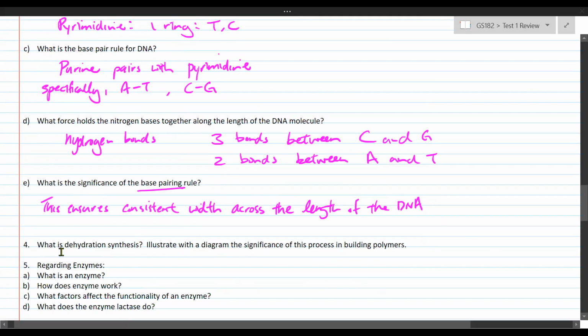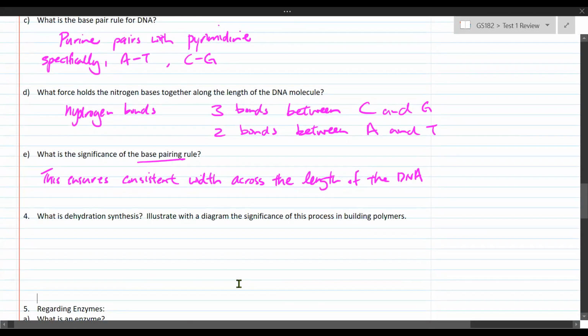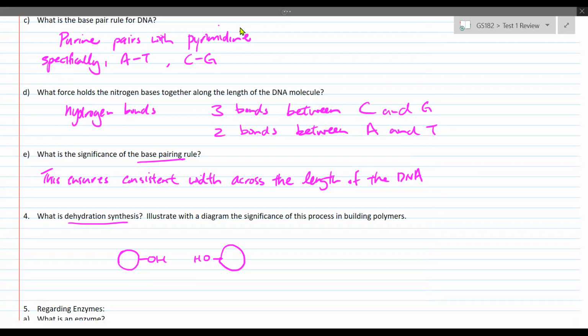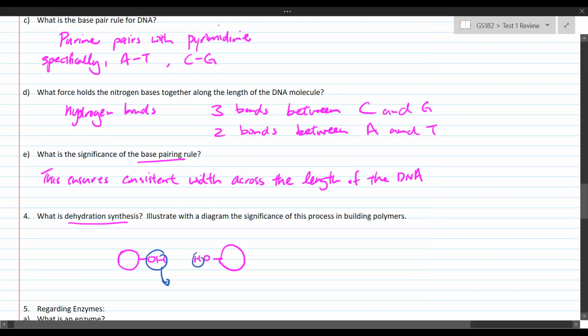Next, what is dehydration synthesis? You should know that by now. Dehydration synthesis is when you take 2 molecules, and each of them has an OH. You remove an OH from one and an H from the other.